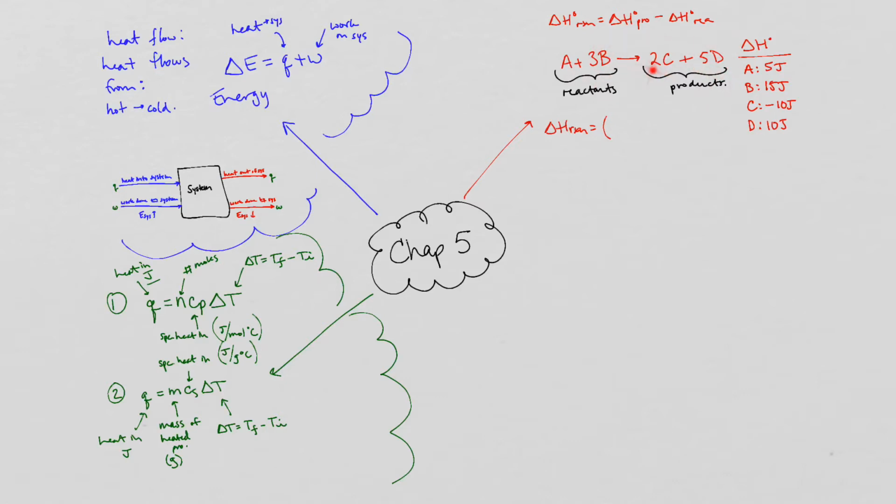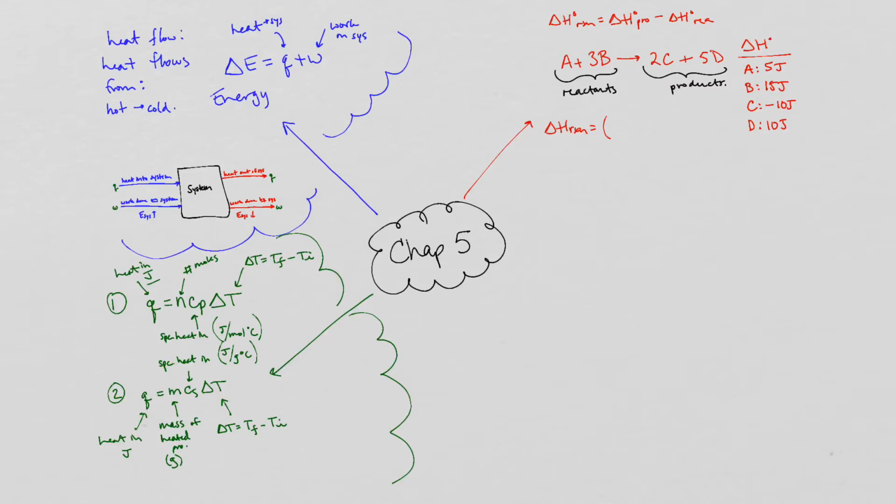There's 2 moles of C for every 3 moles of B. For every 1 mole of A, there's 2 moles of C, 5 moles of D. There's molar ratios we have to worry about. And it turns out that we multiply the standard enthalpies by those reaction coefficients or mole ratios to obtain the proper ratio of the abundance of these items and to therefore calculate the correct delta H reaction.